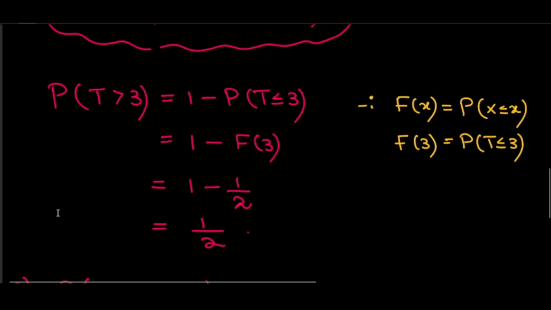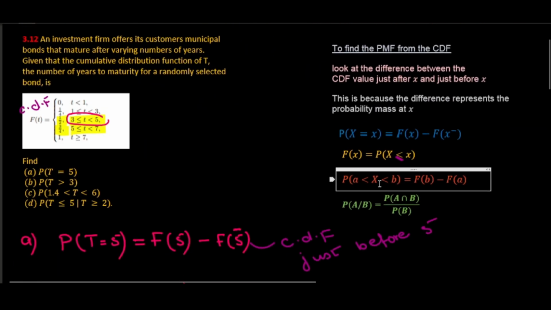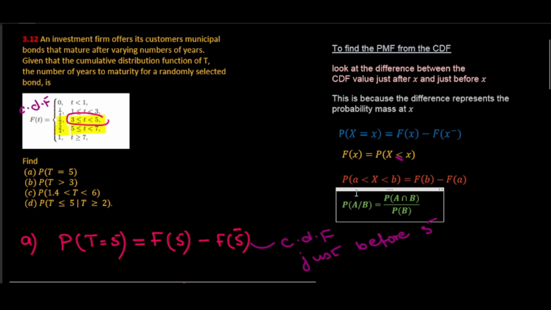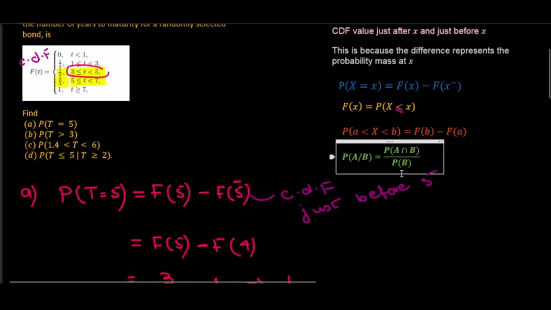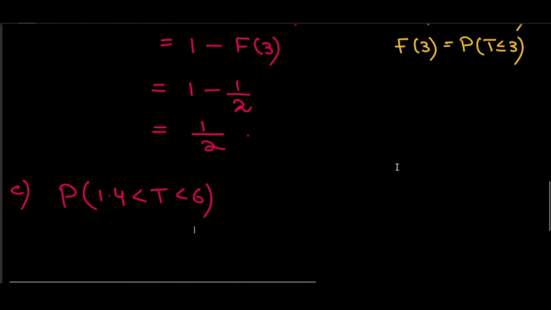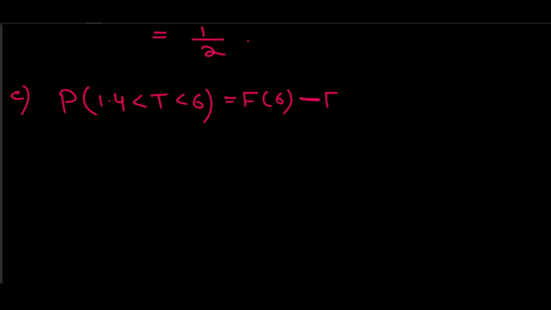Whenever the random variable lies between a and b, you can apply this formula. So I'm using this formula here. Because my random variable T lies between 1.4 and 6, this would be equal to F of 6 minus F of 1.4.